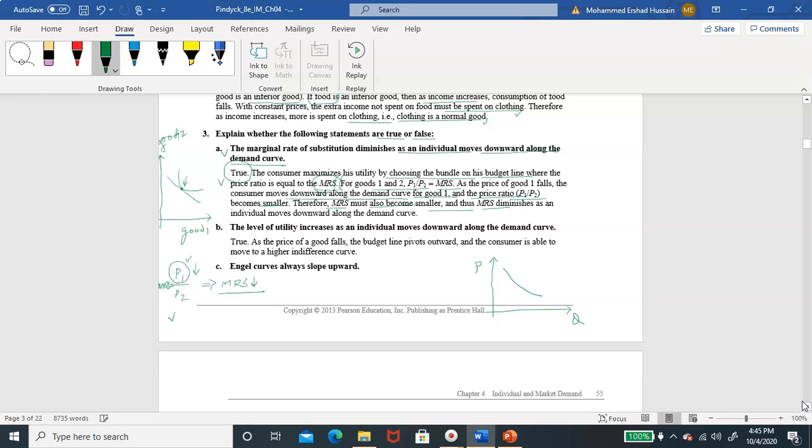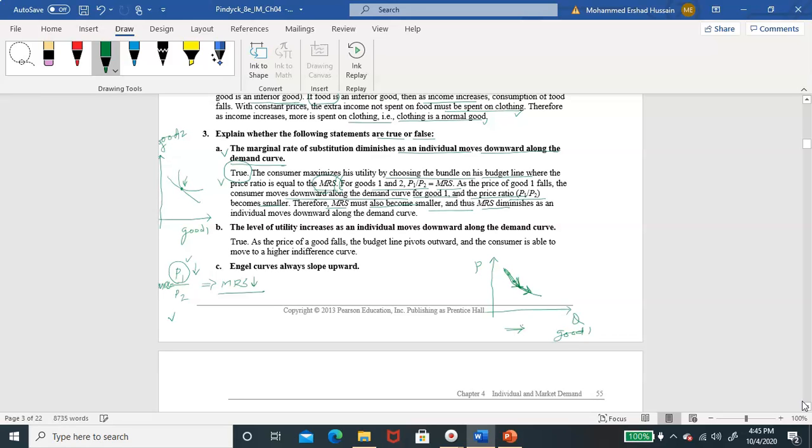This is the demand curve. So we are saying that the consumer moves down along the demand curve for good one. This is the demand curve for good one, right? The consumer moves down in this direction, right?